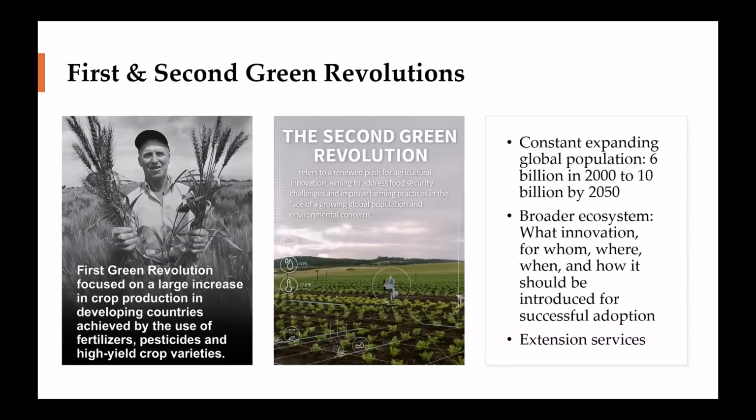And then it's about the extension services. If you think about your own definition, I can define my role: we are all change agents, right? We want to learn something, and we want to change people's behavior for a better future. So it's about extension services. I really think that the first and second revolutions are really, really important.